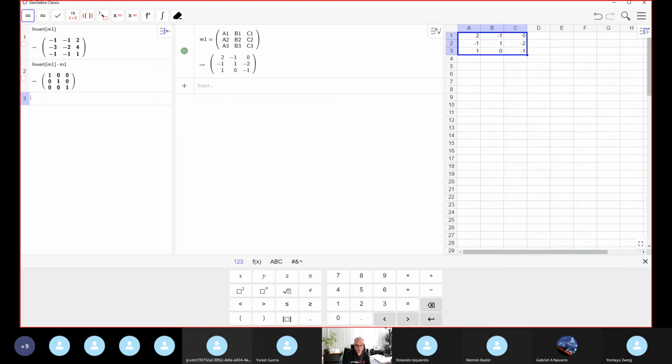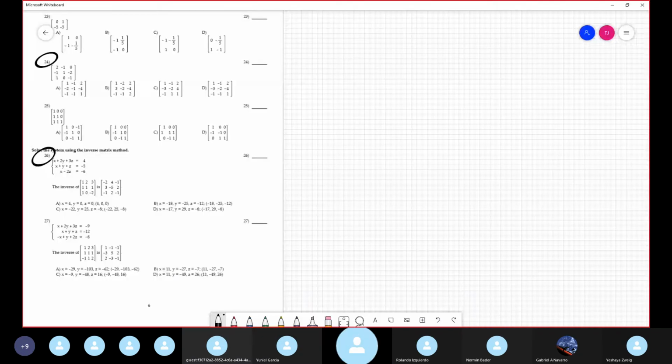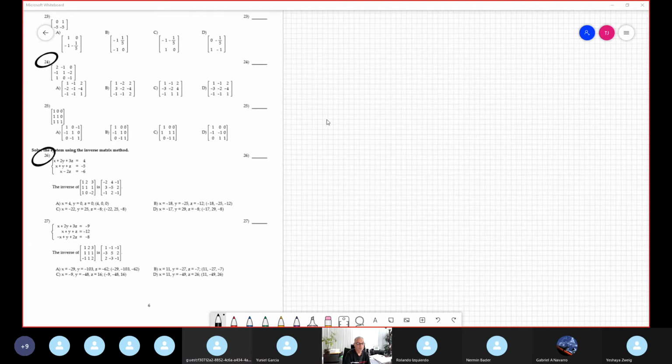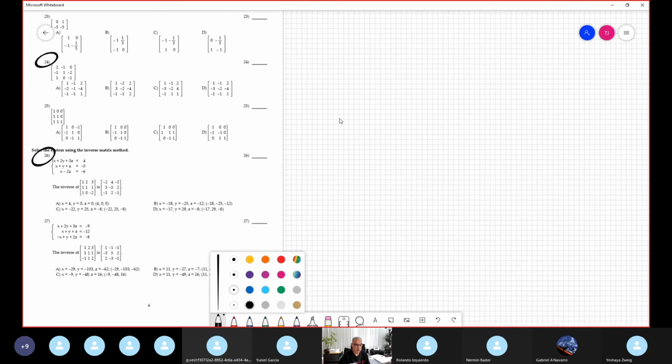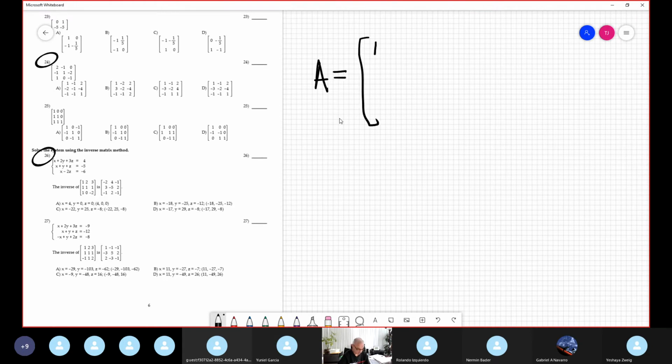Okay, suppose. Let me try to understand this problem. This is another way to solve the system of equations. You create the matrix A, in that case 1, 2, 3, 1, 1, 1, and 1, 0, -2.